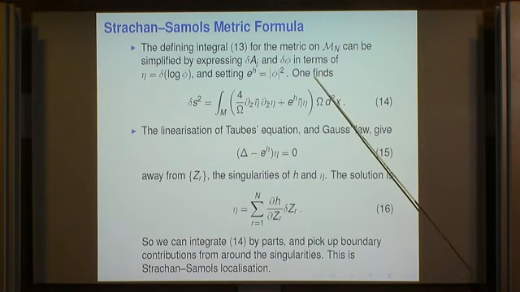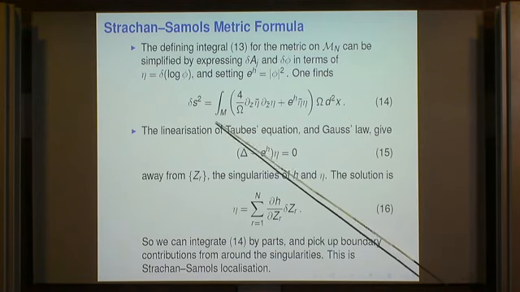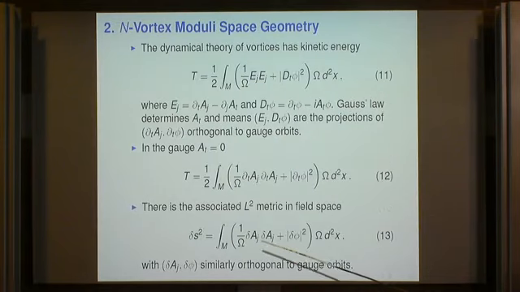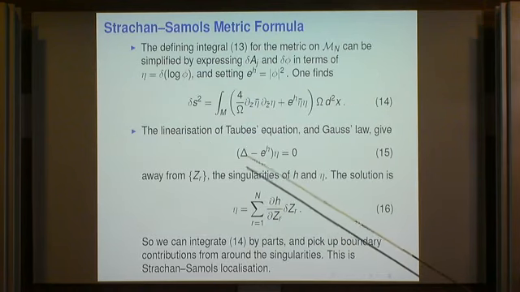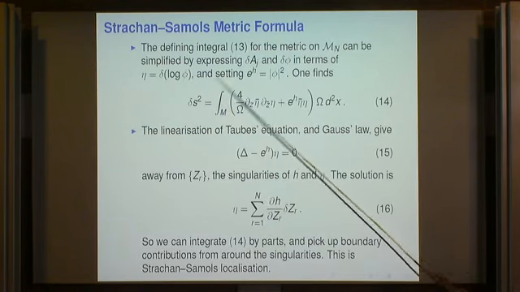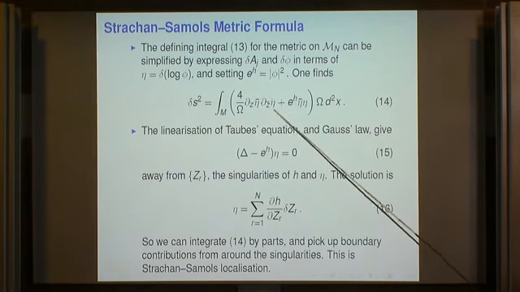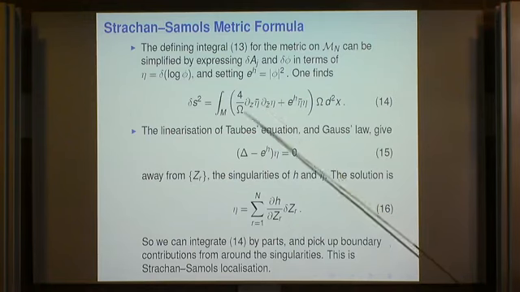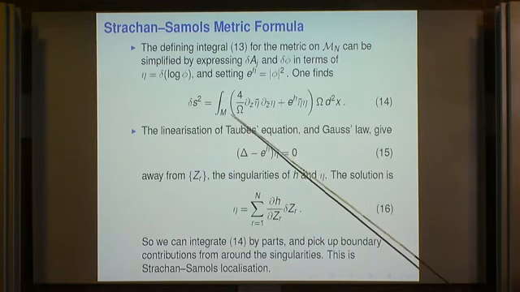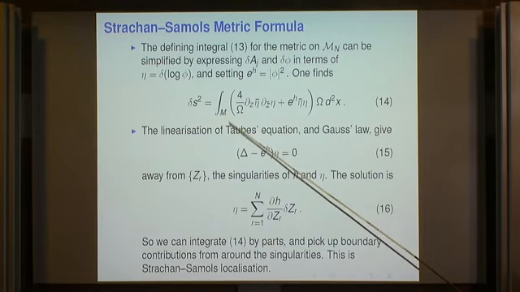And one finds that this field metric, which down here can be re-expressed in terms of purely this quantity eta, which is the variation purely of h in disguise, and you get this expression still as an integral over the underlying manifold.